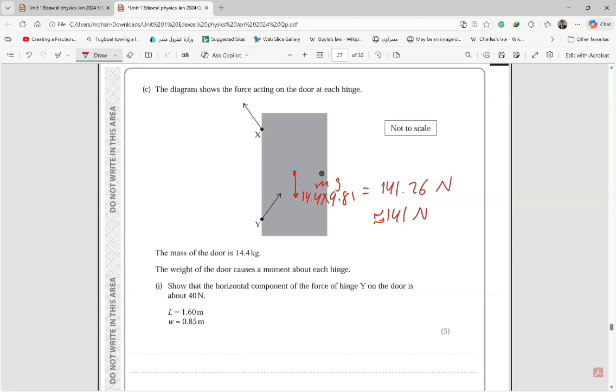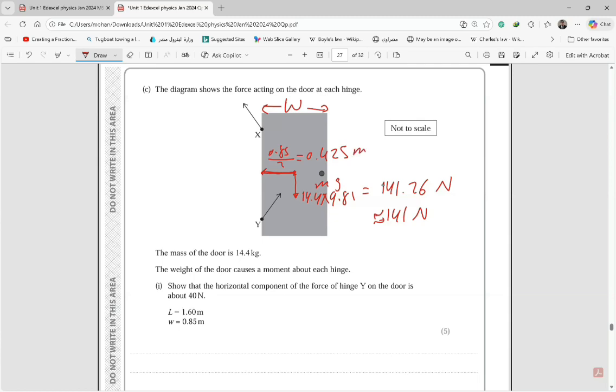The weight acts perpendicular to this axis. This one is half the width, and the width equals 0.85. So this distance is 0.85 over 2, and equals 0.425 meters.